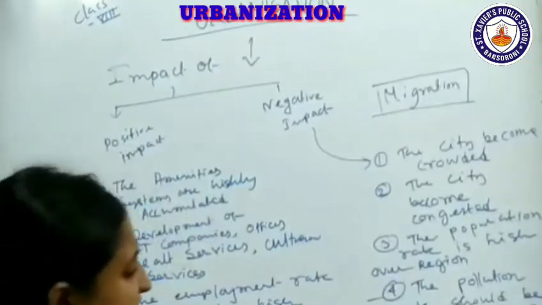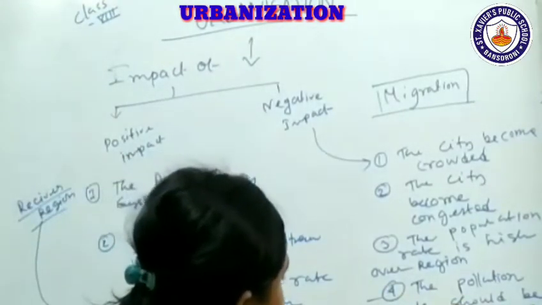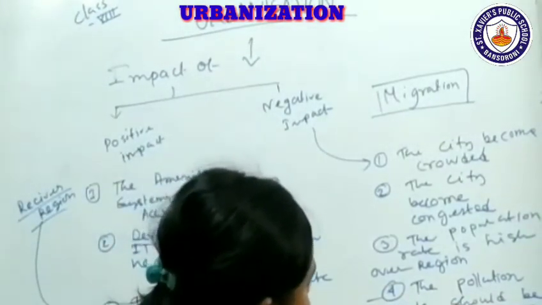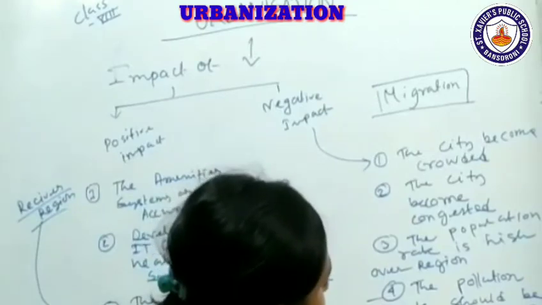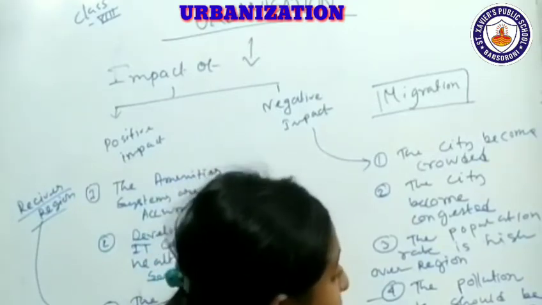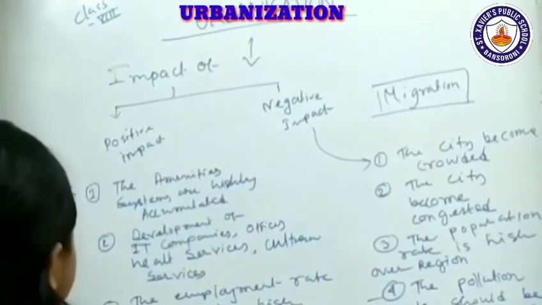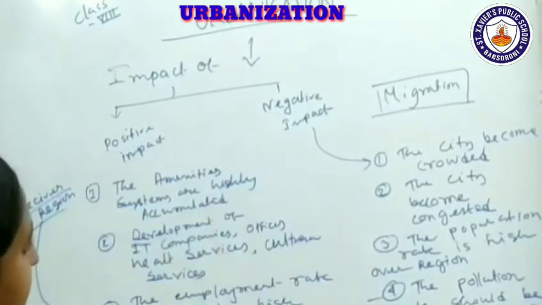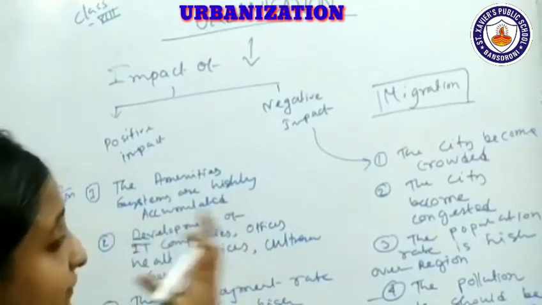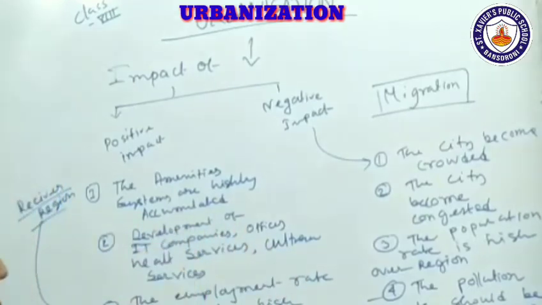What are examples of the pollution of that place? Like water pollution, air pollution, noise pollution. There are several pollutions which result because of the migration process, and this is the negative impact of the urbanization process, right?